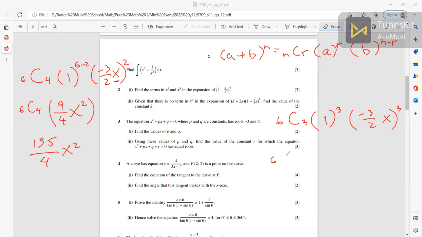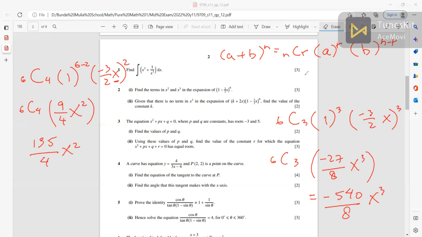So we have 6C3 times minus 27 over 8 x cubed. If I calculate with the combination, I shall get minus 540 over 8 x cubed. That's for the first part.